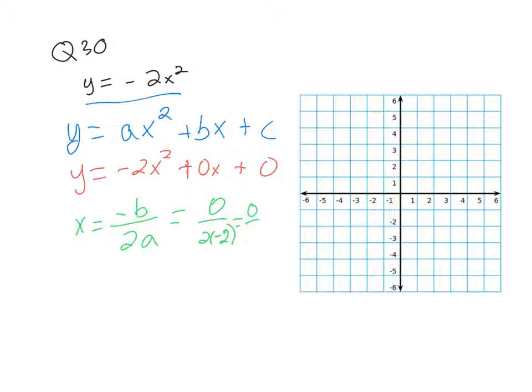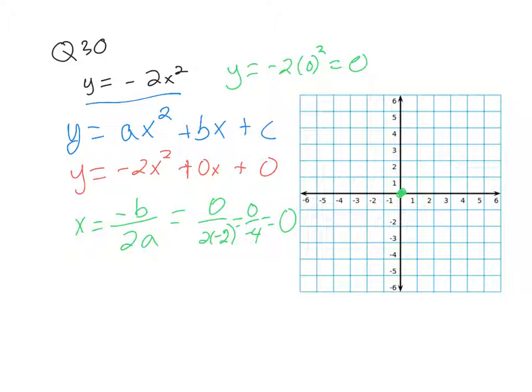But that doesn't matter because 0 divided by anything is 0, so my x value is 0. To find the y value of the vertex, you're going to plug that 0 back into this equation up here. So y equals negative 2 times 0 squared, which equals 0. So that means my vertex is the point 0, 0.